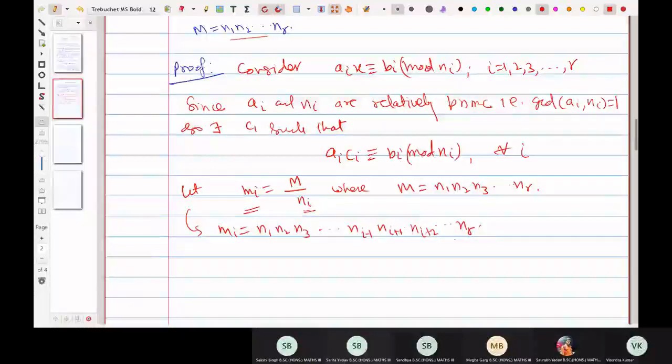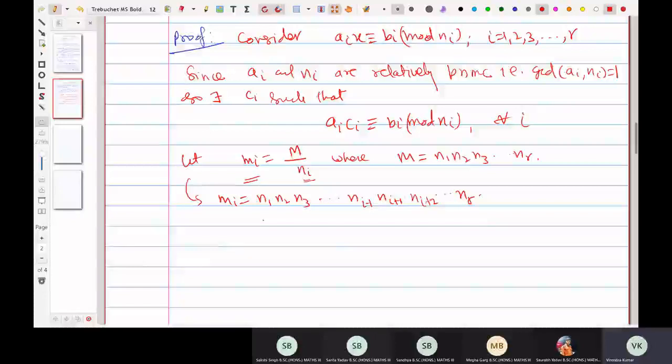So this m_i doesn't have n_i. This means that the greatest common divisor of m_i and n_i, because n_i is not available in this product, they are going to be relatively prime, and this is true for all i, i equals 1, 2, 3 up to r.